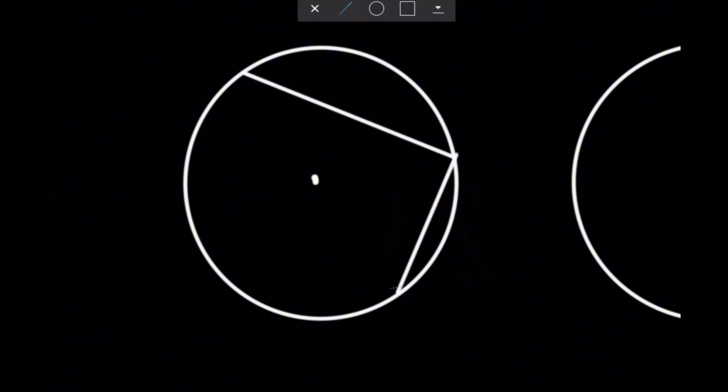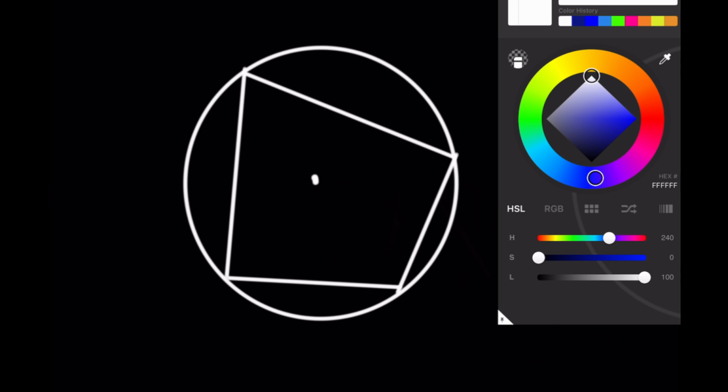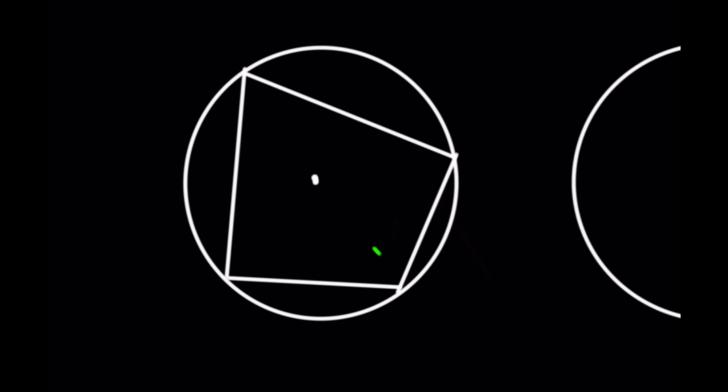So let's draw that. A quadrilateral doesn't have to be a square. It just needs to have four sides, inside a circle. Because it is a quadrilateral inside the circle, the opposite angles equal 180 together. Let's call the points A, B, C, D, where the vertices of the quadrilateral touch the circumference of the circle.